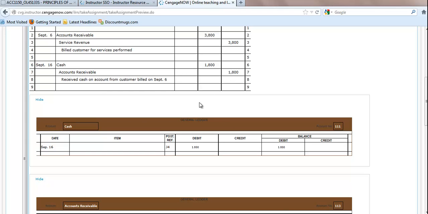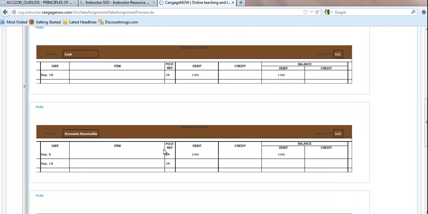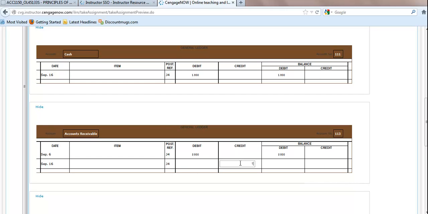Then I'm going to credit accounts receivable for $1,800. So I come down here on the 16th, credit accounts receivable for $1,800. This is where you will see how the ongoing balance is done. I'm not going to put $1,800 over here. I have to calculate my new balance. I'm starting with $3,800.